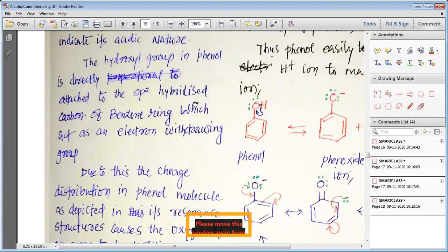You are well aware, my dear students, that in phenol we have an aromatic ring, and in the aromatic ring all the carbons are sp2 hybridized. That is why the hydroxyl group in phenol is directly attached to the sp2 hybridized carbon of the benzene ring, which acts as an electron withdrawing group.